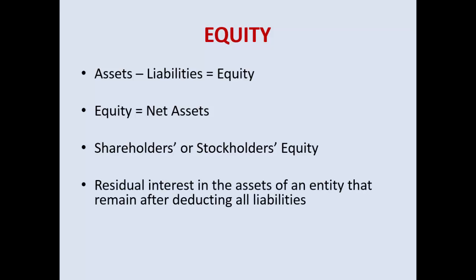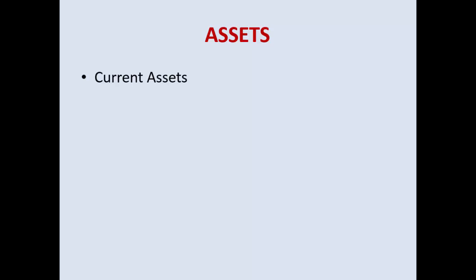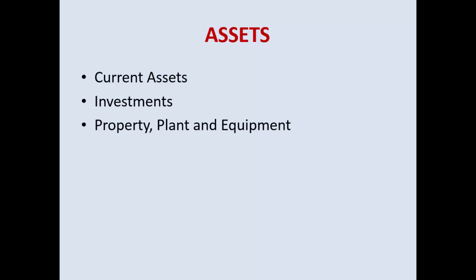It's the residual interest in the assets of an entity that remain after deducting all liabilities. Because remember, your creditors have claims on your assets first. The remaining equity are the owner's claims on the assets. The classification: current assets, investments, property, plant, and equipment, intangible assets, and other assets.